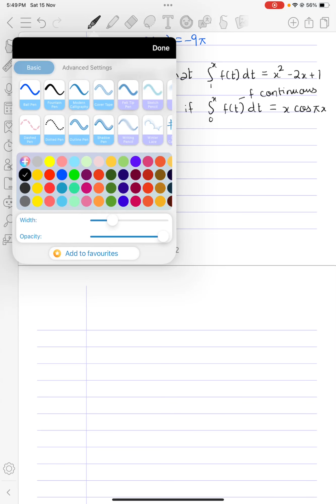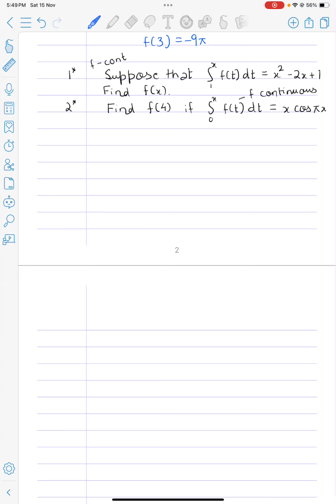So for question number 1 star, we are given this, and we want to find f(x).